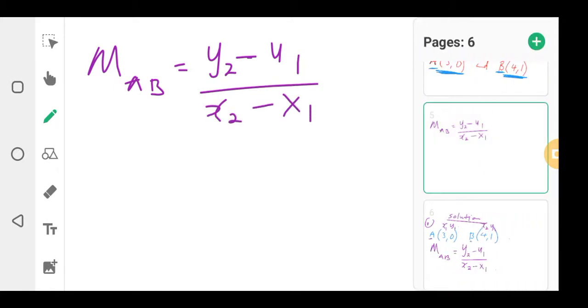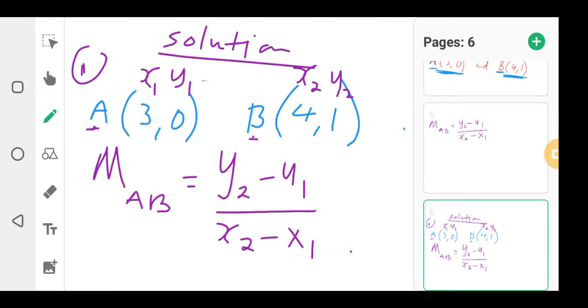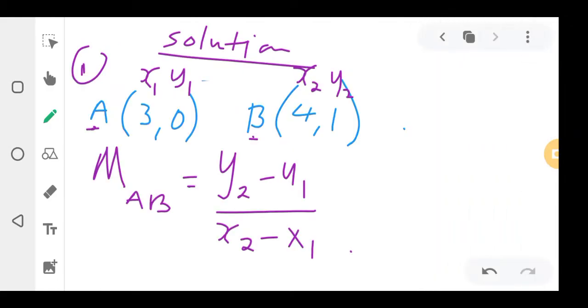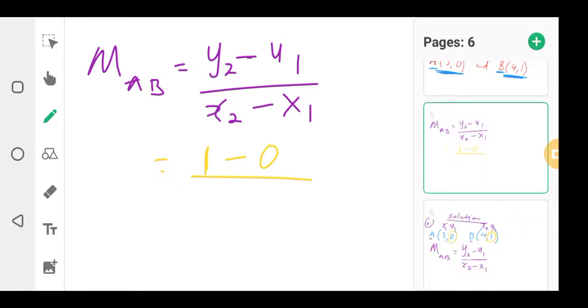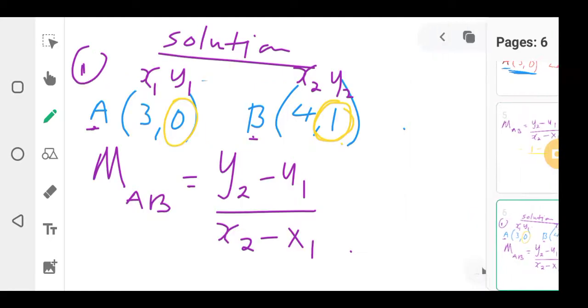Okay, so what is my y2? This one is y2. Can you see y2 is this one, which is 1. So on y2 I put 1, on y1 I put 0. So it will be 1 minus 0 over, what is my x2?